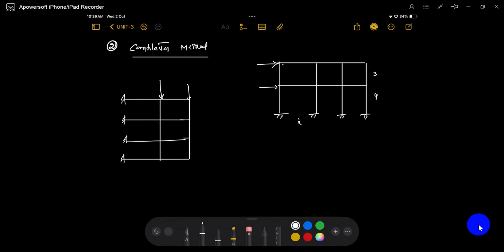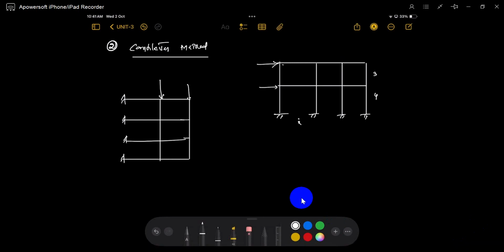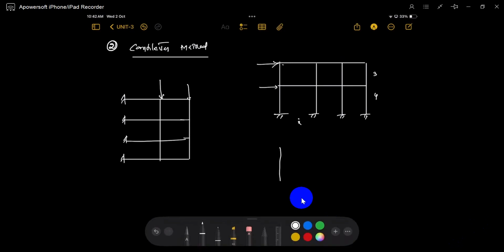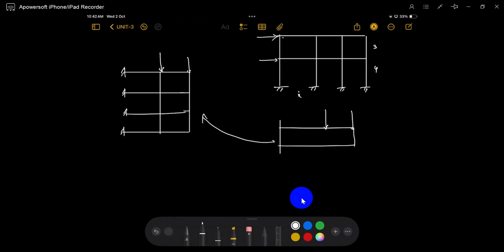This is the specimen. It looks like a cantilever. Do you understand? If you see a cantilever beam, this is a cantilever beam. Exactly symmetrical, no? It looks like a cantilever.